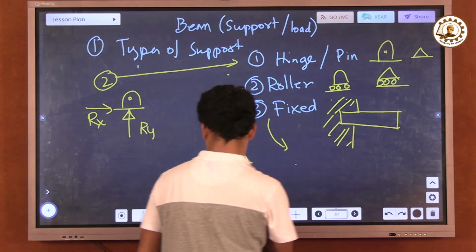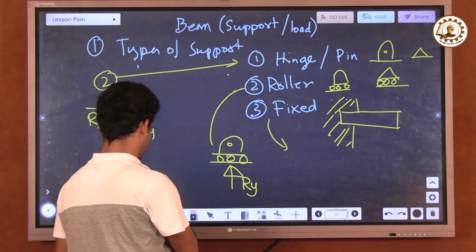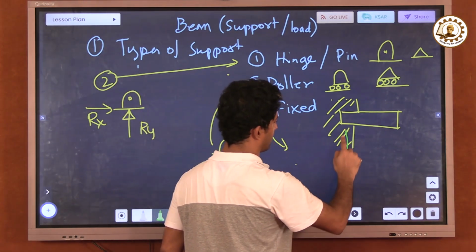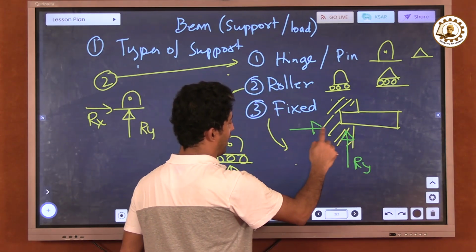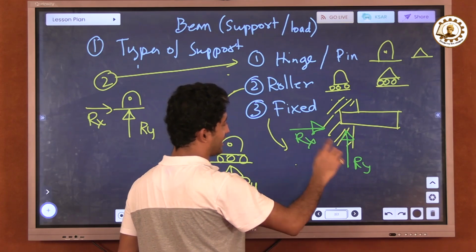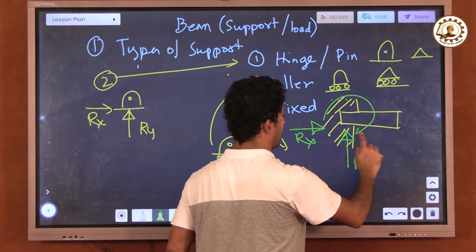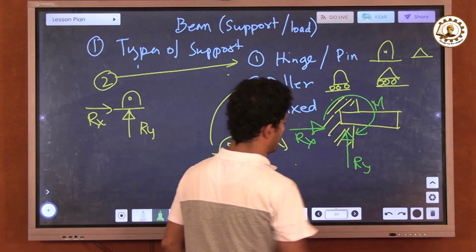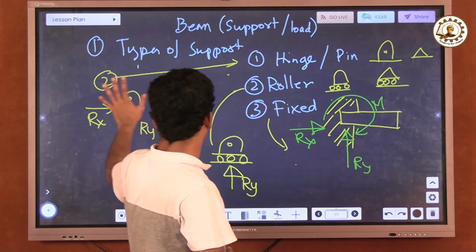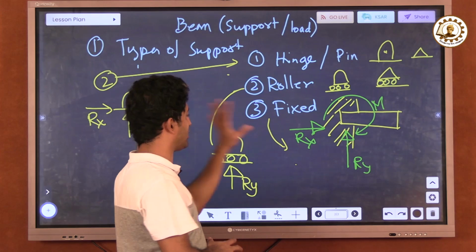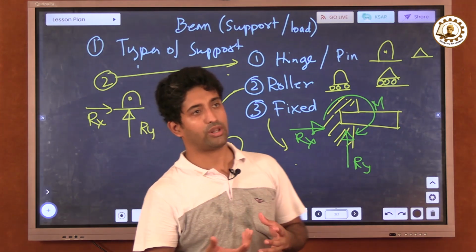Let us go with this diagram itself. So it happens like this: Ry, again Rx, and a moment M. Now we know the types of supports, but what about the load?